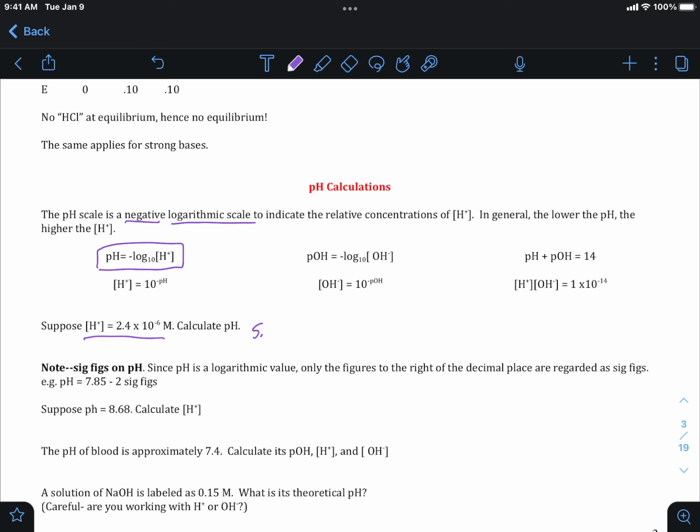Okay, that's right. 5.62 is the pH. And remember, we consider 7 to be neutral. So this is mildly acidic.